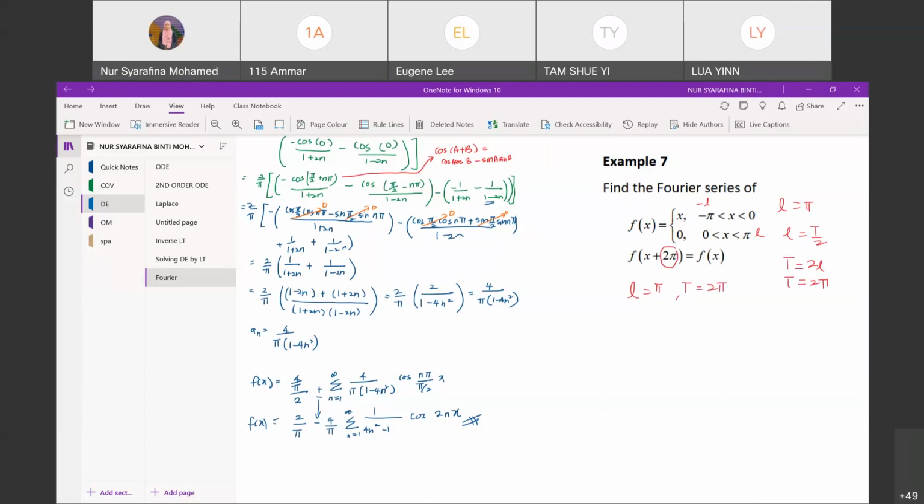And then plot the graph in order to identify the type of the function. When x is from negative pi to 0, fx is x. When x is from 0 to pi, fx is 0. So what is the shape of this graph here?